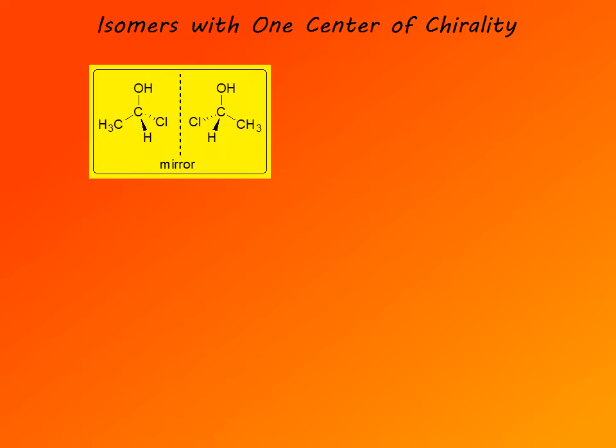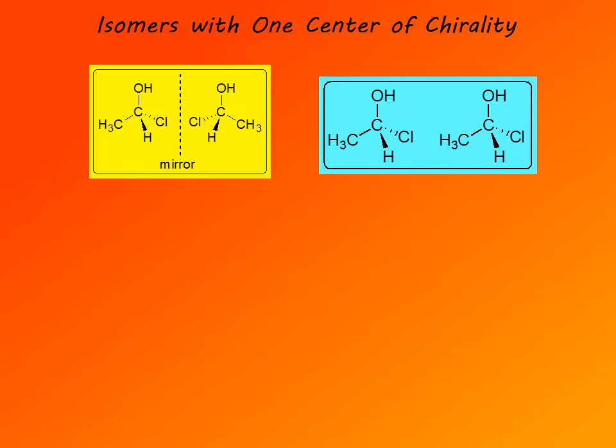Enantiomer is a name for optical isomers. Note that two isomers, two mirror images, have to be represented properly to show that they are two different isomers. Here, in this blue box, we have a representation of the same enantiomer. So those are two representations of the same molecule. Clearly, you can see that they can be superimposed on each other. So that's a representation of the same isomer.